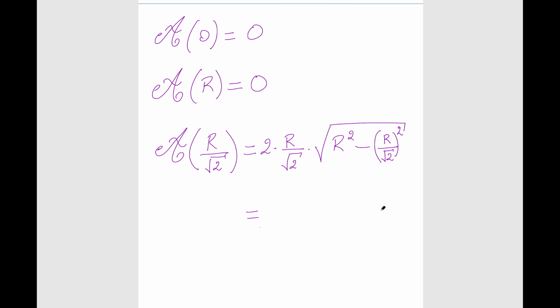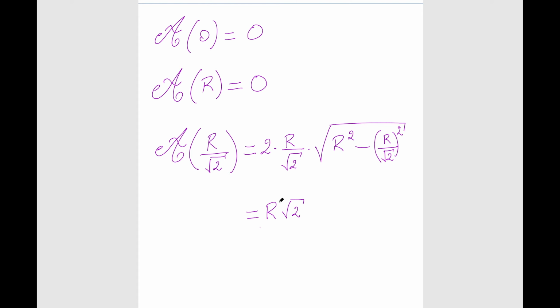Okay? All right. What's 2 times r over square root of 2? If you would like to rationalize the denominator, this is simply r times square root of 2. Correct? If you want to rationalize the denominator here, multiply downstairs and upstairs by square root of 2; downstairs becomes 2, and 2 downstairs and 2 upstairs is a 1, times the square root of 2.